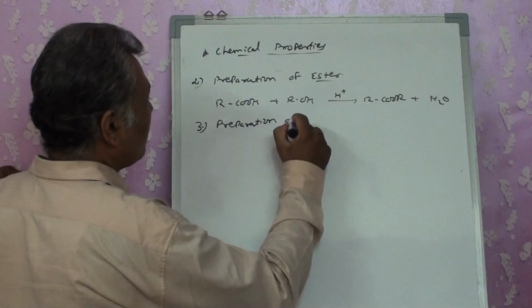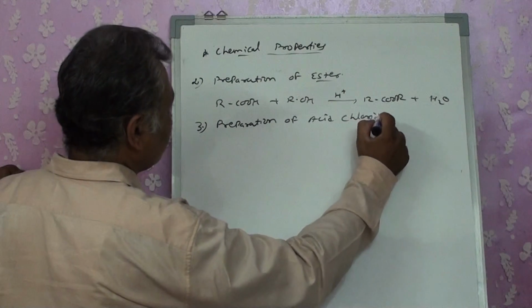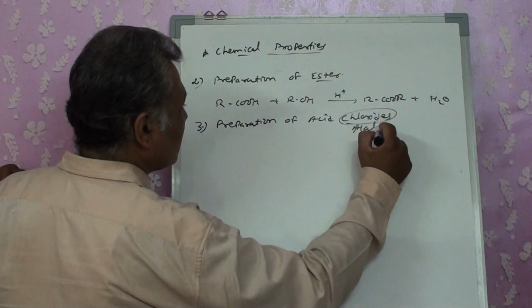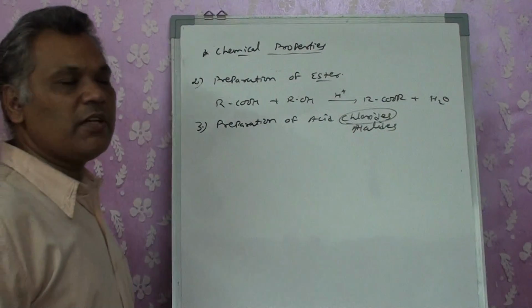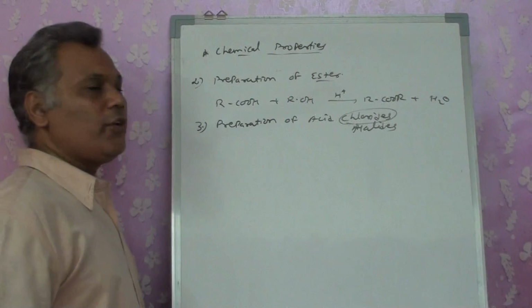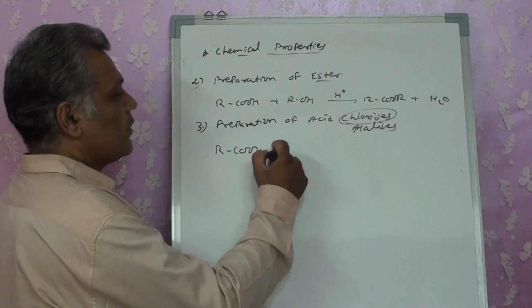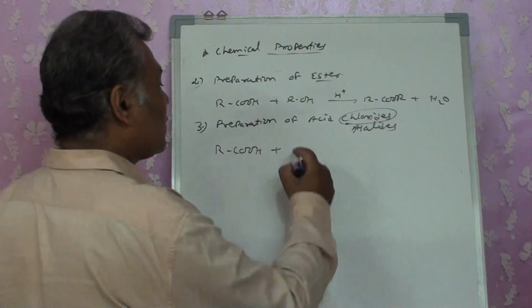preparation of acid chlorides or acid halides. If I am using chlorine, chlorides. If I am using fluorine, fluorides. So in common, halides. So we have RCOOH. Specifically I wrote chlorides because of the number of reactions that we have studied.